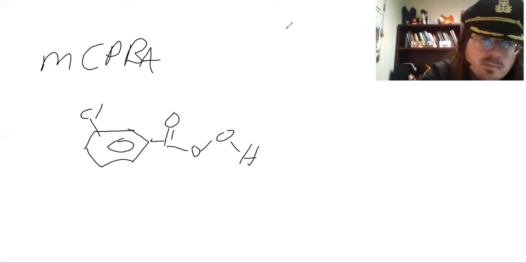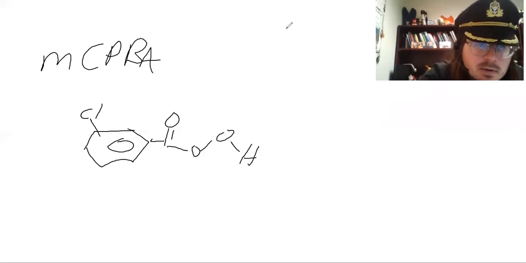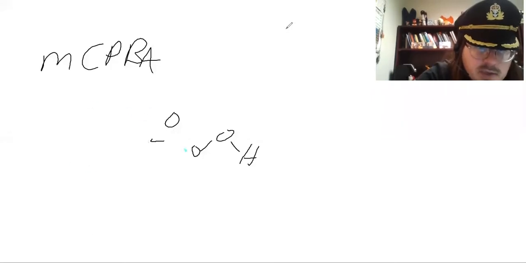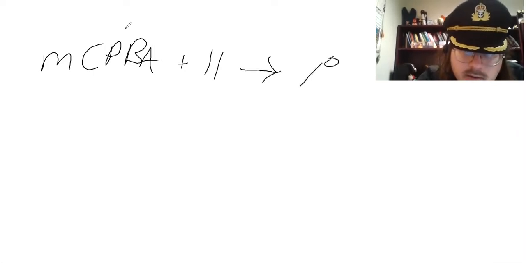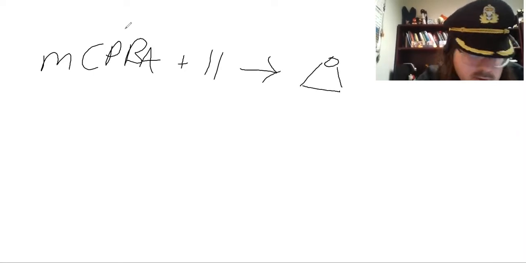So we need to be familiar with this. If you see MCPBA, you know that's a peroxide that's going to react. A peroxide plus an alkene is going to form an oxirane, a 3-membered ring.